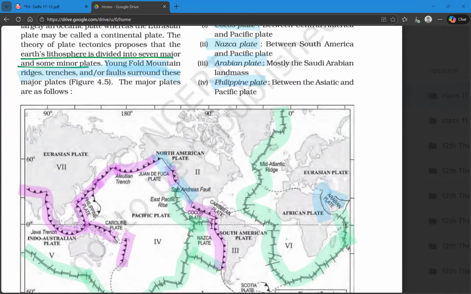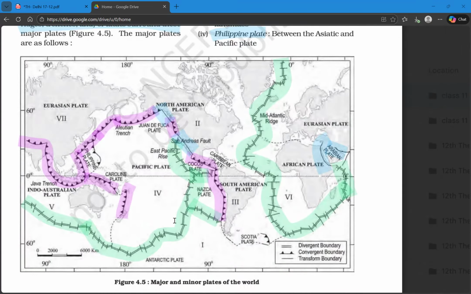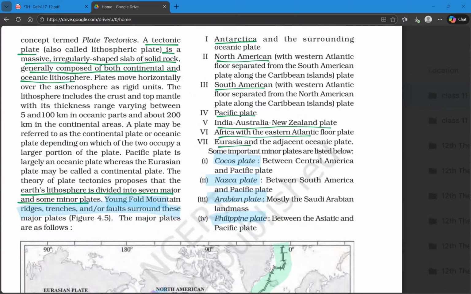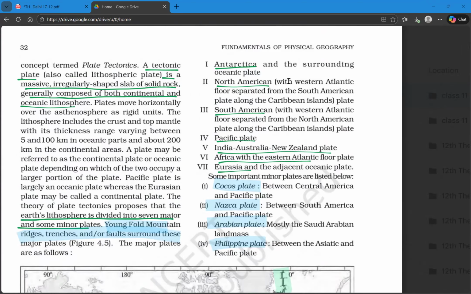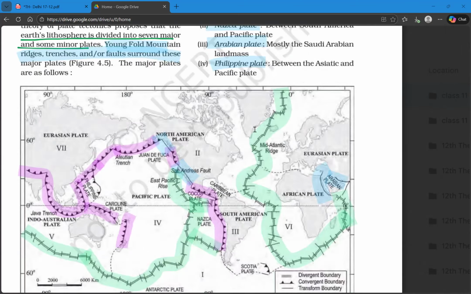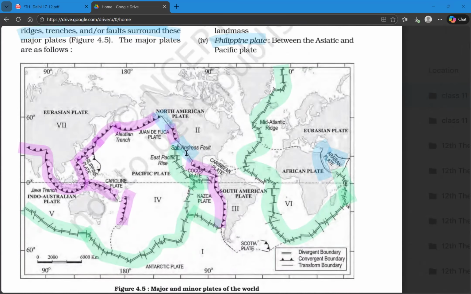This is the Antarctica plate and the surrounding oceanic plate. And the next one is North American with Western Atlantic floor, separated from the South American plate. If you see here, the North American and the Western Atlantic Ocean are cut along the South American plate with the Caribbean plate.